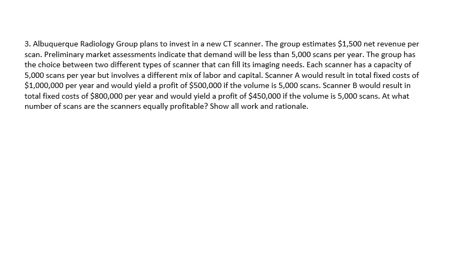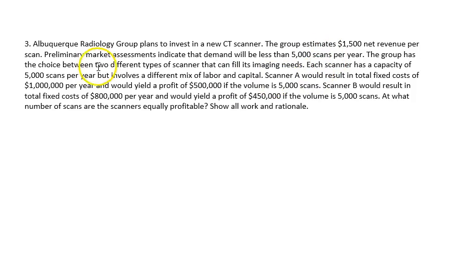So let's go over the scenario. Again, we're looking at a radiology group. They want a CT scanner. The group estimates that you're going to get $1,500 net revenue a scan. Sounds familiar. Demand indicates that there'll be less than 5,000 scans a year.